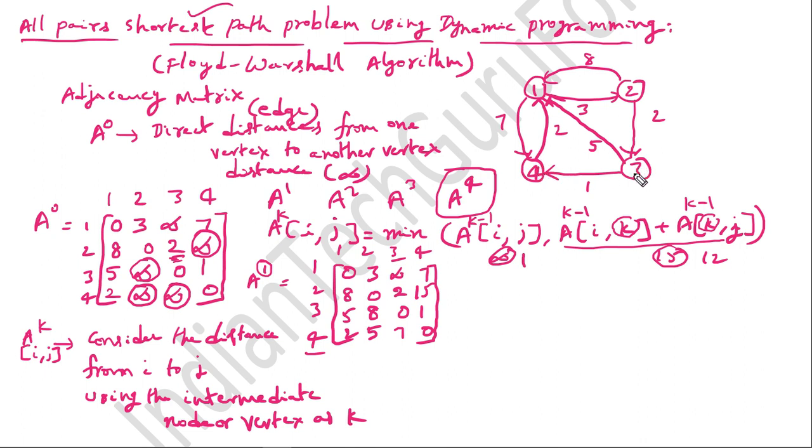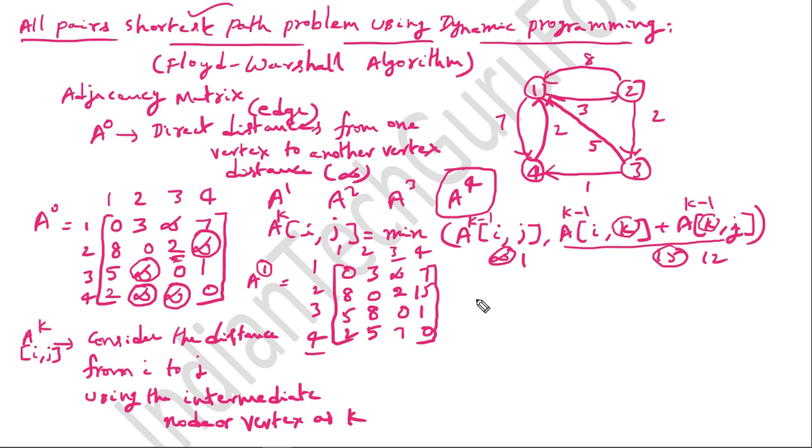There is no direct path, so we must calculate using 1 as intermediate node. 4 to 1, there is an edge. 1 to 2, there is an edge. 2 to 3, there is an edge. So we need to consider all the distances of 3 edges and add all the distances. 4 to 1 is 2, 1 to 2 is 3, 2 plus 3 is 5, 2 to 3 is 2, 5 plus 2 is 7. Like this we are going to get A power 1.